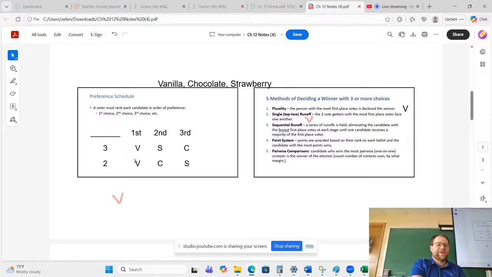If it didn't work out that way, say vanilla was over here, and chocolate was over here, then you would have to compare vanilla and chocolate specifically to determine the winner.